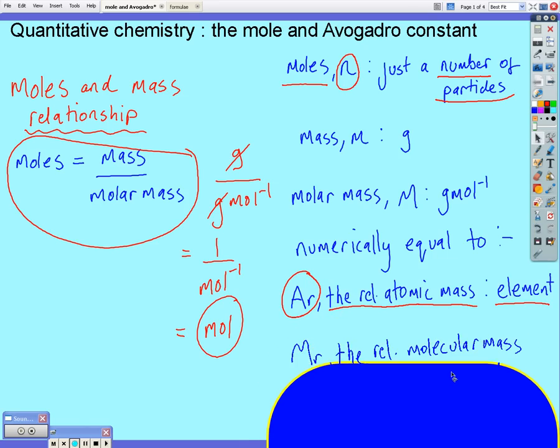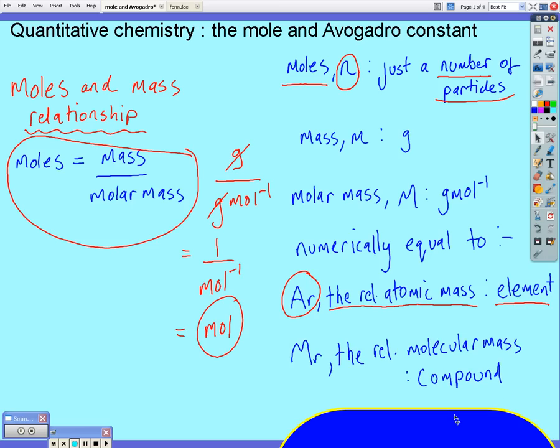If it's a compound, we're talking about the relative molecular mass, or the Mr, capital M, lowercase r, of the compound, and we just find that by adding up all the relative atomic masses of the elements in the compound. We find all those values from our periodic table. Now, relative atomic mass and relative molecular mass do not have units, but they're just the same number as the molar mass.